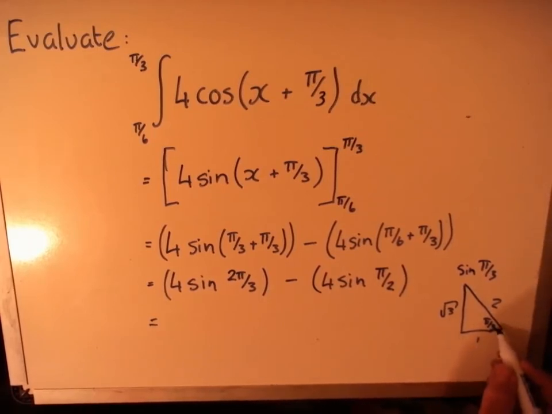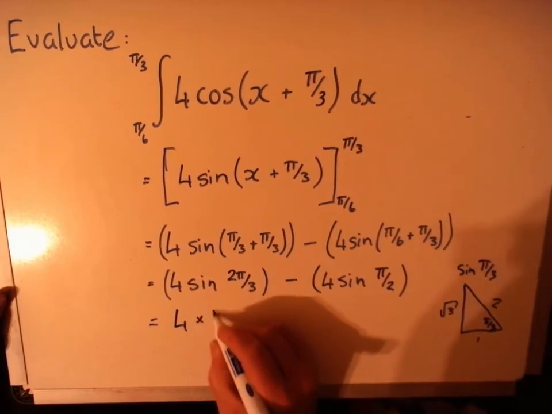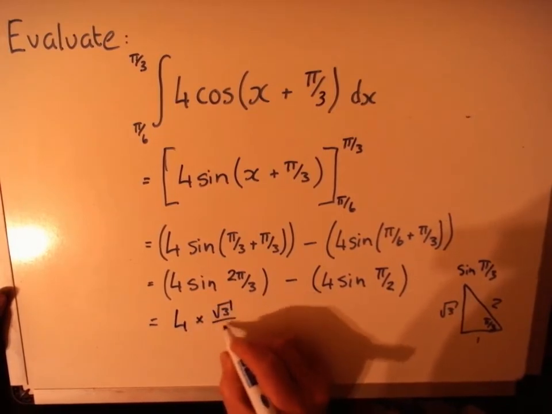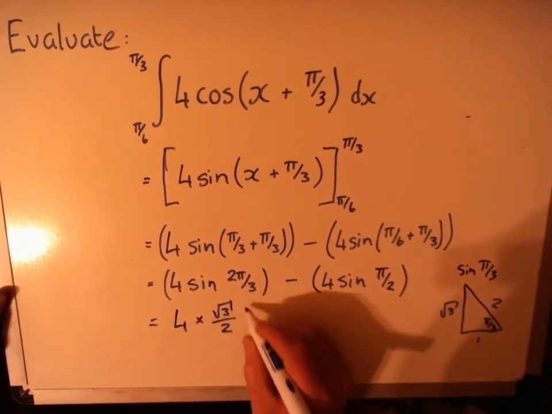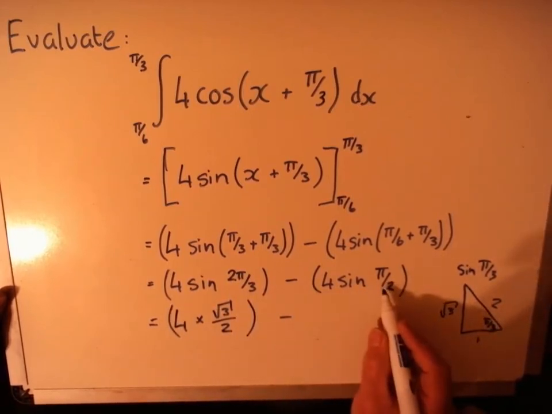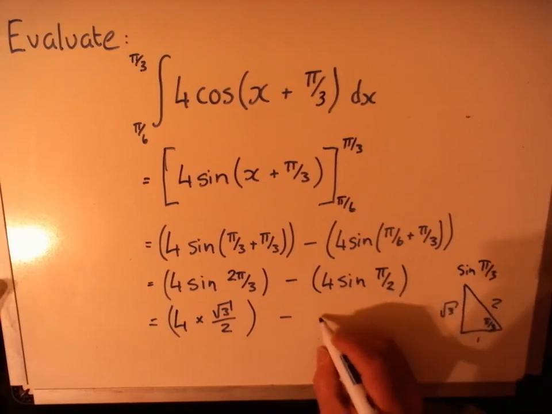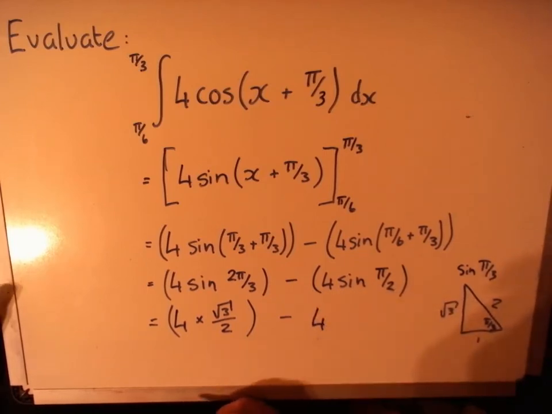So the sine of that, opposite over hypotenuse, I get 4 times root 3 over 2. And the second one, a wee bit easier, sin(π/2). I know from my sine graph that at π/2 I'm at a maximum value of 1. So this is going to be 4 times 1, which is just 4.